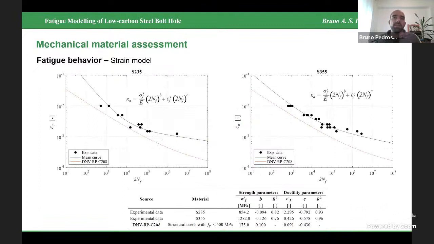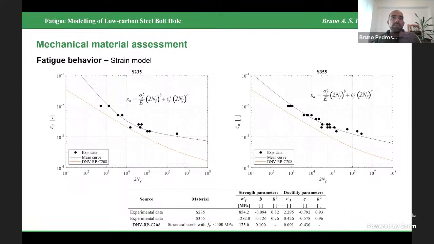From the same experimental campaign, it is also possible to define the fatigue behavior for these materials. In this case, by selecting a model based on the local strains as damage parameter, fatigue strength and ductility parameters can be defined by fitting the model to the experimental results. You can see here the results in the table for the parameters.